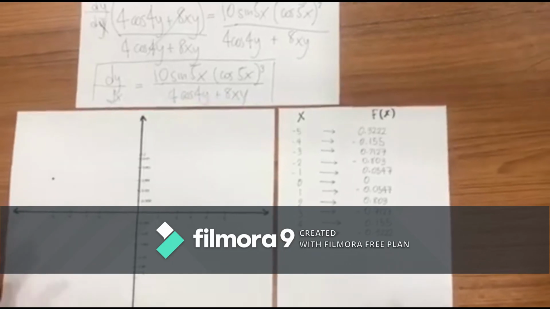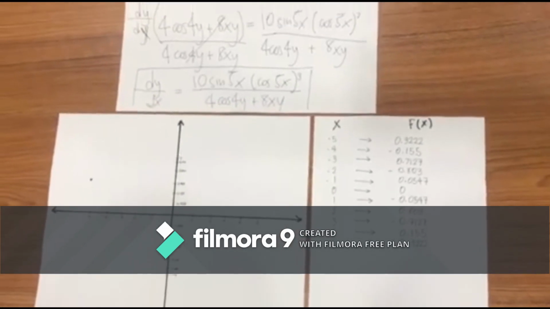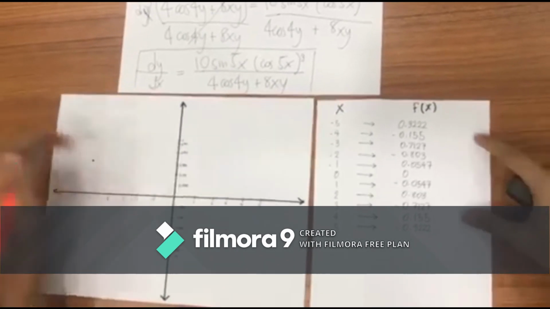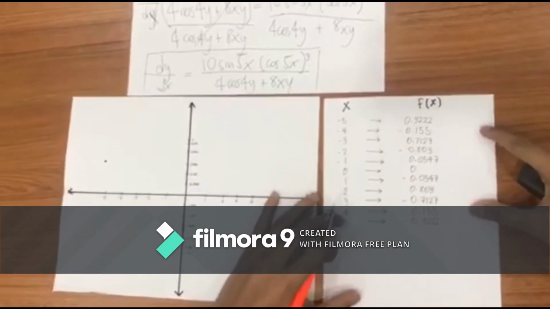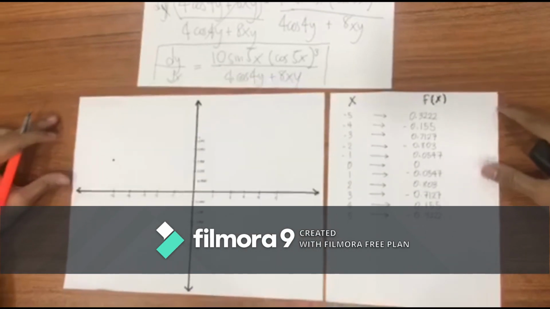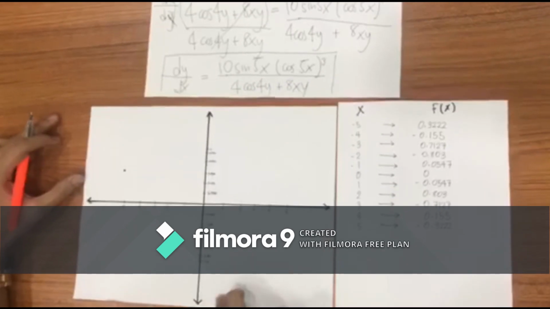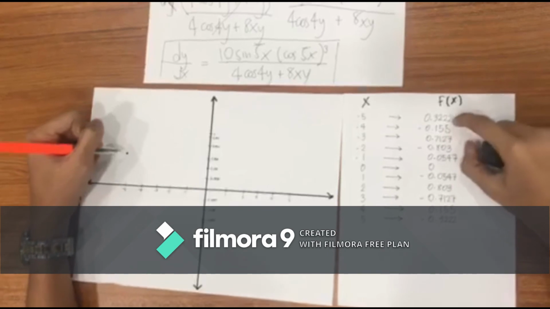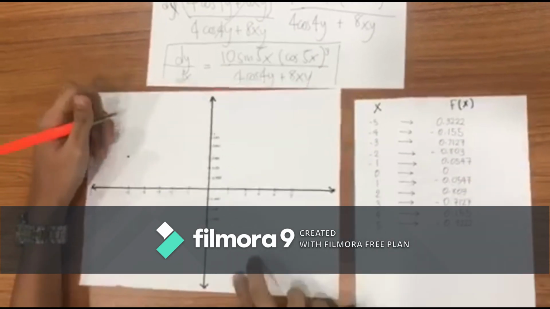Okay. So we are going to continue the graphing. In order to get this, just input mode 7 on your calculator to get the table. So negative 5 to 0.33, just plot the points.